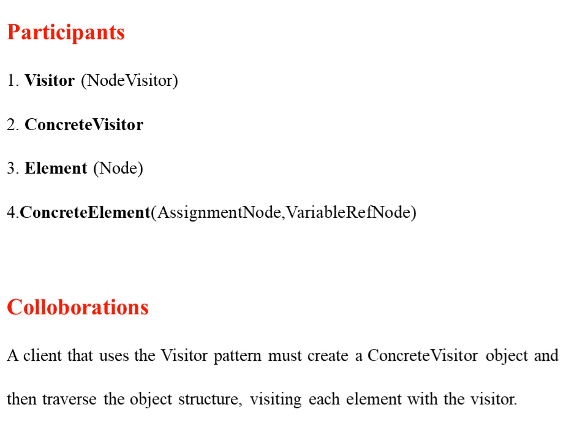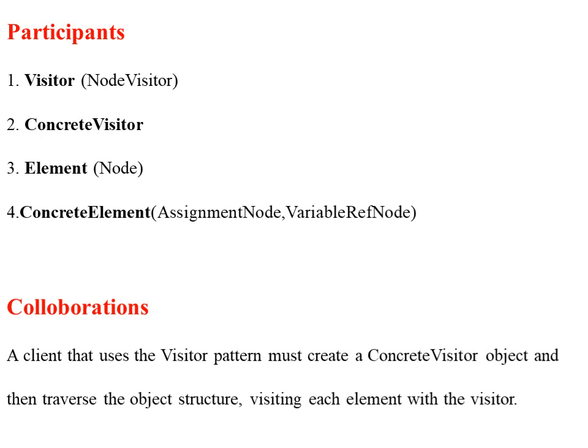The third one is the element. The element defines a node. It defines an accept operation that takes a visitor as an argument, whichever visitor issues the statement to implement, whether the node is an assignment node or variable node. That is the participants' responsibilities.